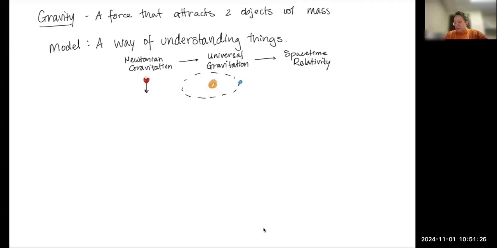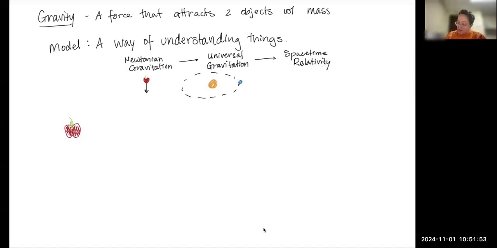And so let's think back to last unit when we learned about objects that fall. And we realized that all objects fall at pretty much the same rate of acceleration. You may remember we did a lab where there was a bowling ball against a house and we figured out what that rate of acceleration was.